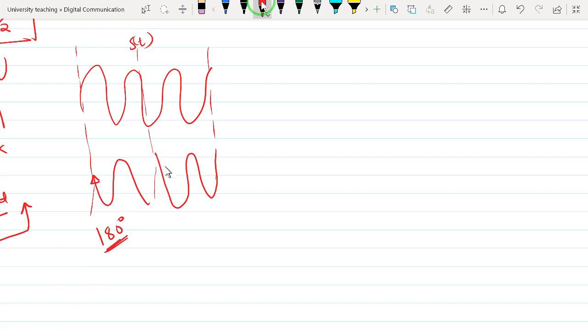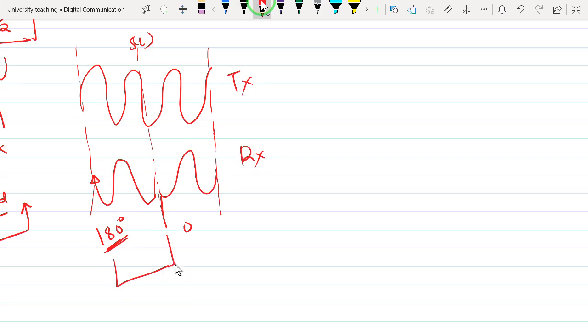When there is no phase shift, we identify that this is 0. So this one is at the TX, this is at the RX. This is out of phase by 180 degrees, whereas this one is in phase, with 0 degrees phase shift. For that reason, we can identify that this was bit 1, if 1 represents 180 degrees phase shift, and this is bit 0 for a BPSK signal.